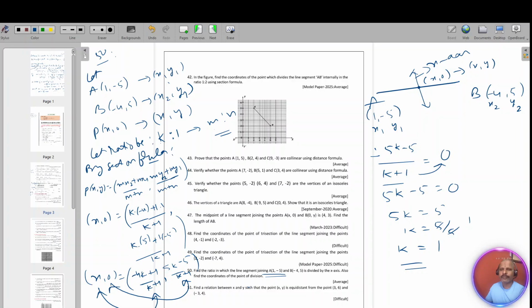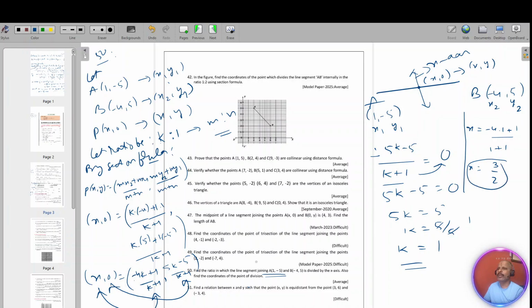So coming to the first set, the x coordinates, you apply k. I'll solve here. x equal to (minus 4k plus 1) by (k plus 1), that is minus 4 into 1 plus 1 by 1 plus 1. So x equal to minus 4 plus 1, which is minus 3, by 2.